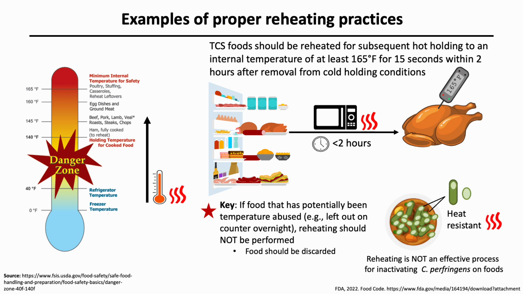On the other hand, if food has potentially been subjected to temperature abuse, for example being left out on the counter overnight, then reheating of food should not be performed, and instead the food should be discarded. This is because both C. perfringens endospores and spores are fairly heat resistant, so reheating is not an effective process for inactivating C. perfringens on foods.